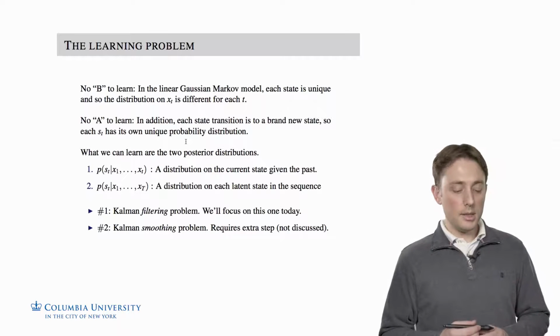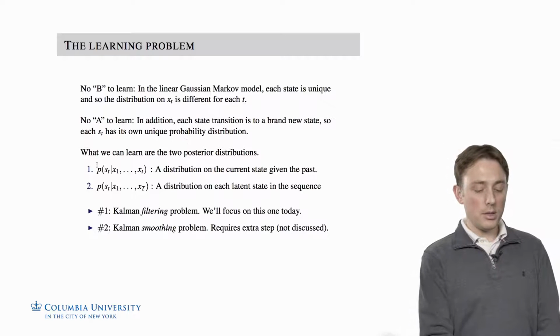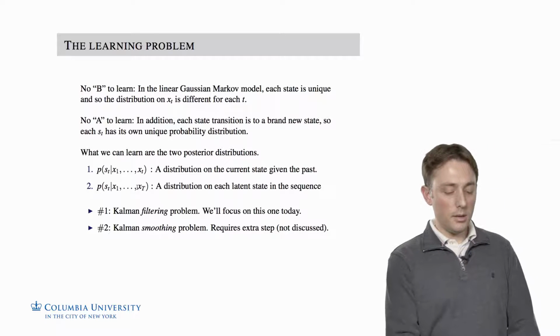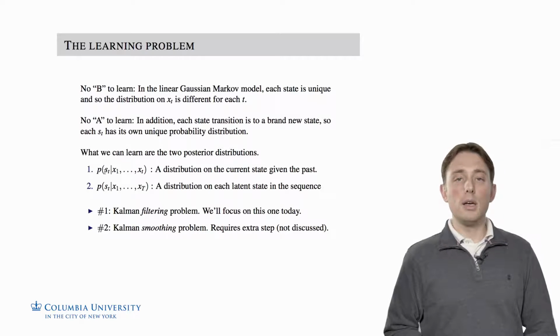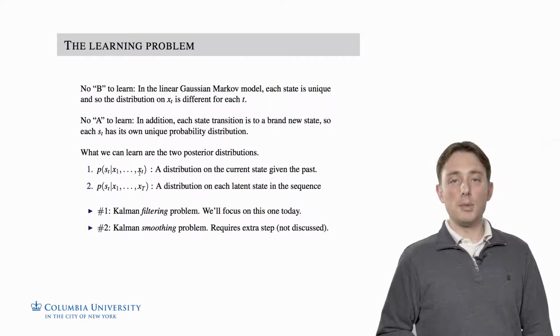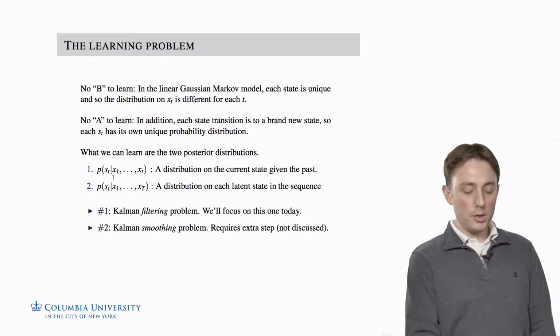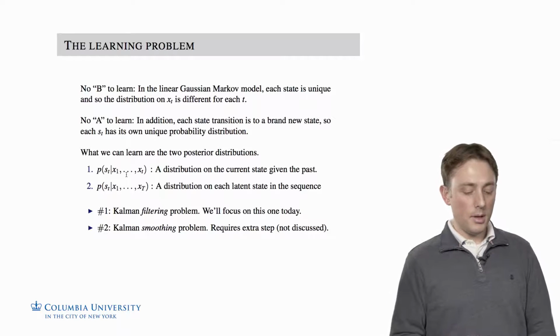What we can learn in this case are these two posterior distributions, and for the rest of the lecture we're going to be interested in the first one. But we can learn the posterior distribution of the state at time t given the sequence that we've observed up until time t. So this is a distribution on the current state given all of the data I've seen up until that time.